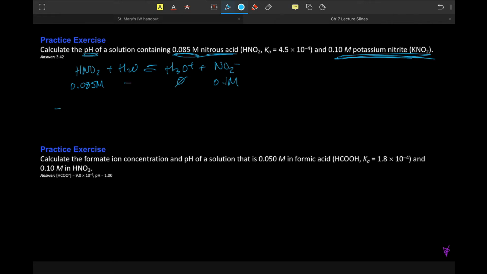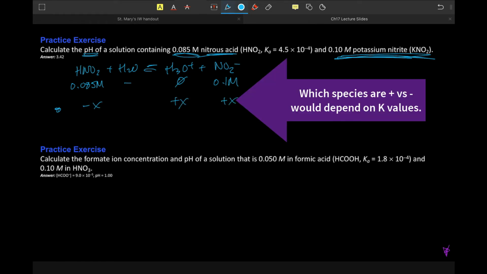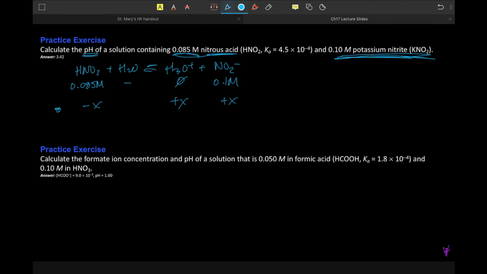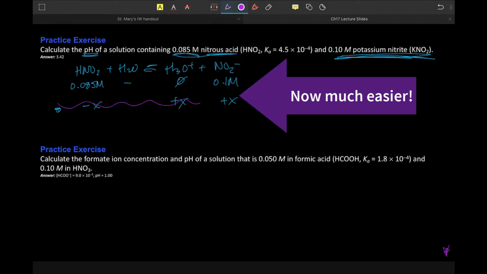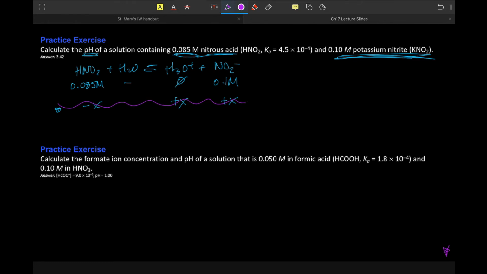Then our change would hypothetically be losing some of this and making some of that, which all gets very complicated for our final math. But the whole point of the common ion effect is that we don't have to consider this, and instead we can go straight into the Ka expression and plug stuff in.